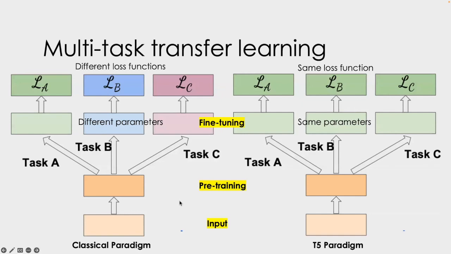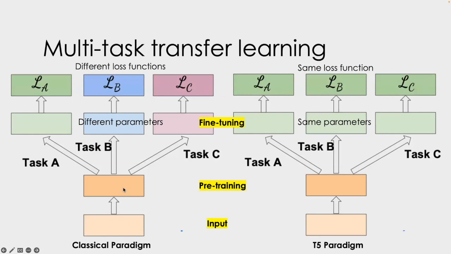First, I want to briefly talk about multitask transfer learning. One of the T's is transfer, right? In the classical framework of transfer learning, you first have your input, and then you pre-train the model. Usually the pre-training step trains the model to learn general knowledge, such as grammar, the relation of words, and how to put a reasonable sentence together.